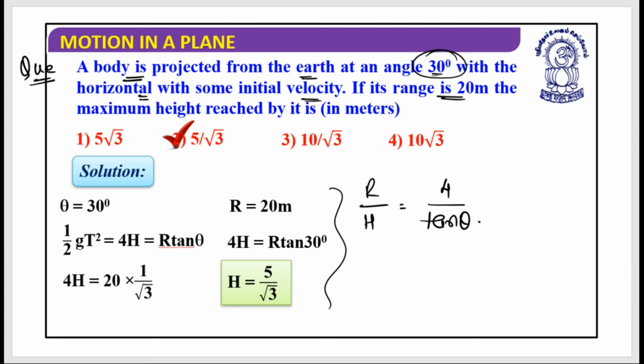So the range is given, which is 20. H is required. 4 divided by tan 30 degree. Let's replace the value and get the answer. Yes, it's a 20-second question. I hope those things are clear. Is it clear? Yes.